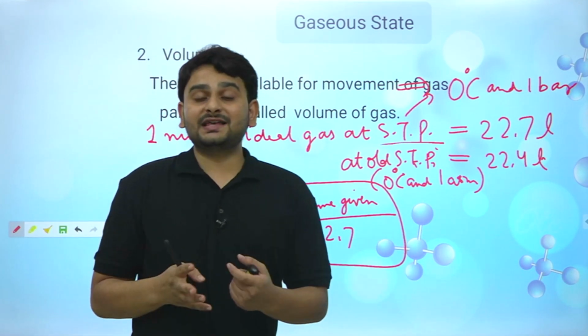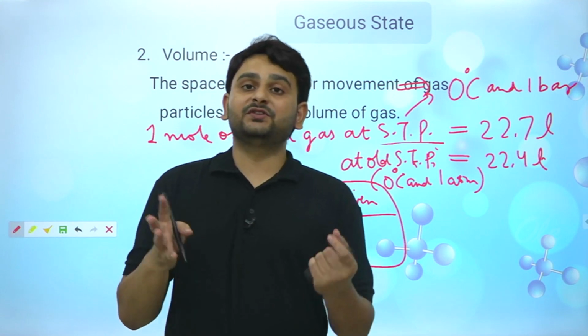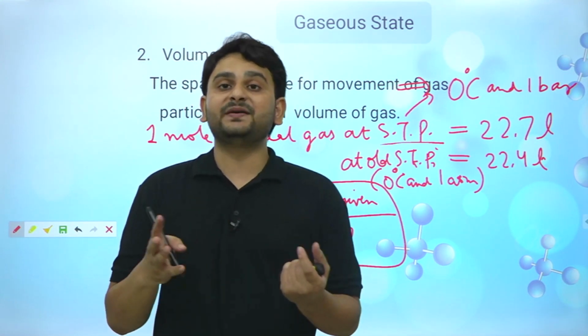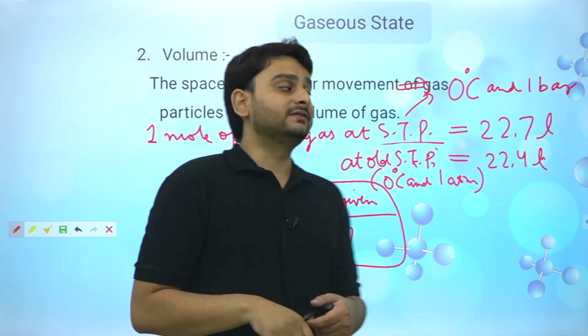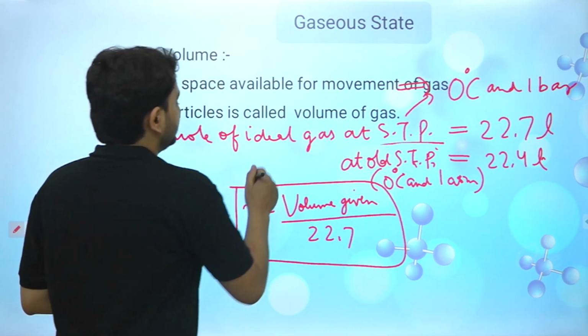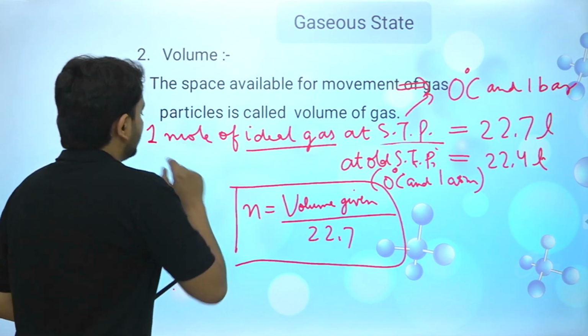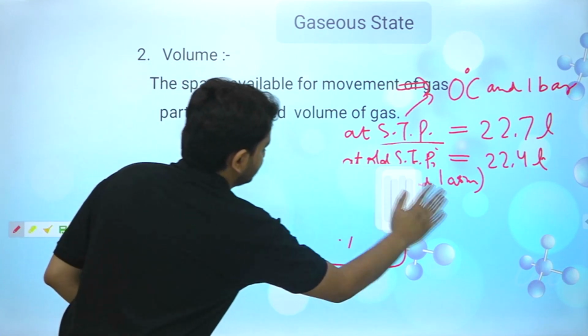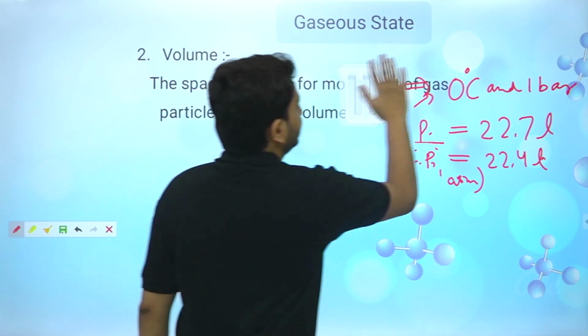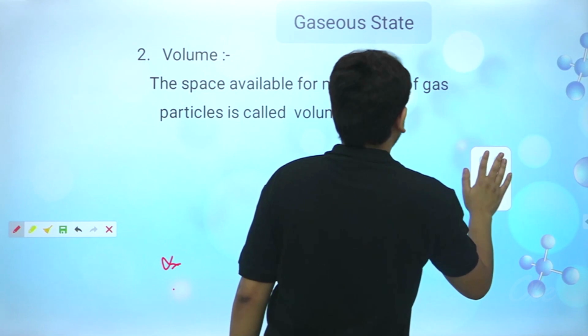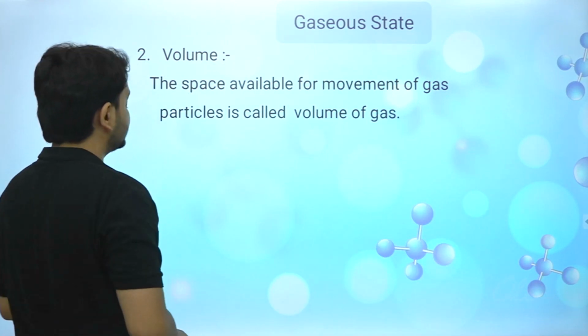So, gas, as you know, takes the shape of the container or the shape of the free space in the container that it is in, right? Now, this is about the ideal gas. What is an ideal gas? This is a very important question, and since we are in the chapter of gaseous state, we'll talk about this.